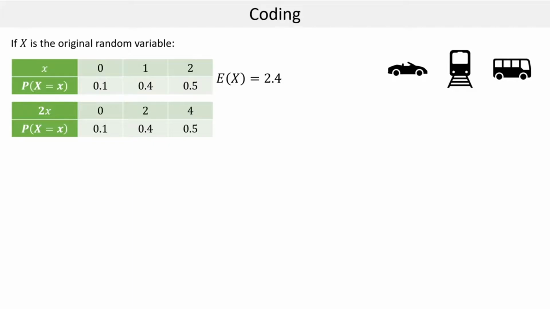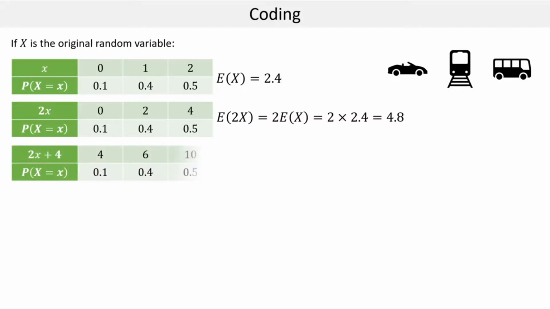Or, and here's where the coding comes in, we realize this is the expectation of 2x, which is equivalent to 2 times the expectation of x. It's equivalent to double the expectation of x. So we can actually just double our 2.4 and quickly get an answer of 4.8 without having to reprocess the calculation that got us the expectation in the first place.